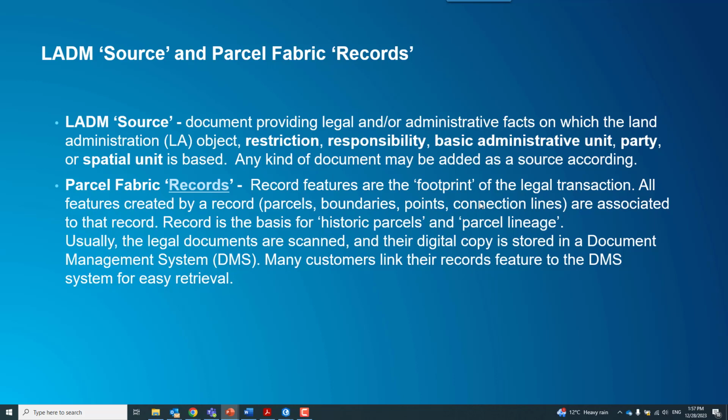The idea here is that you can click on a map and see all the legal transactions that happen in that location. This also is a driver for what we call a parcel lineage, which we will not go into detail in this presentation, but in general, when a parcel gets merged or split, it becomes historic and new child parcels get created.